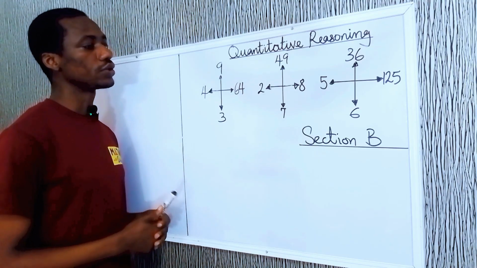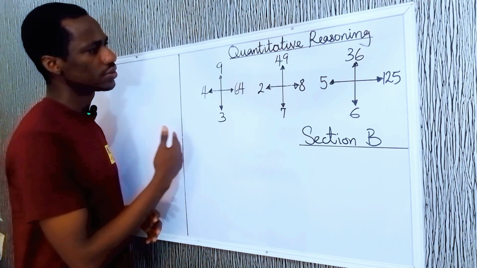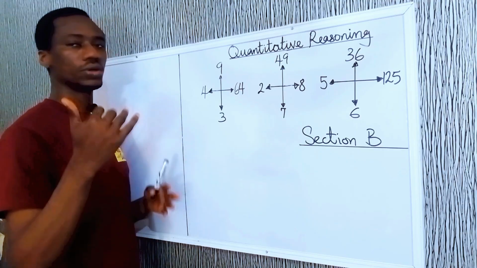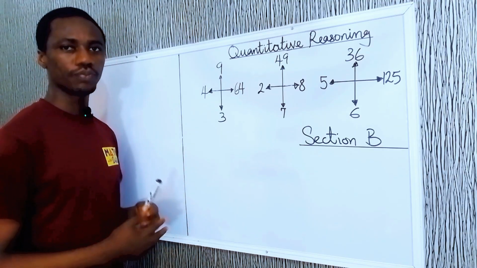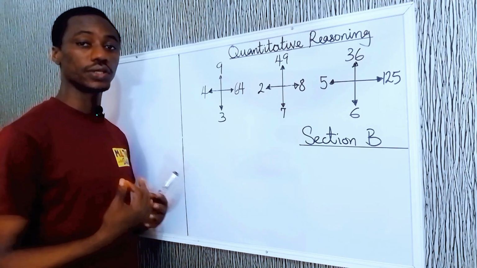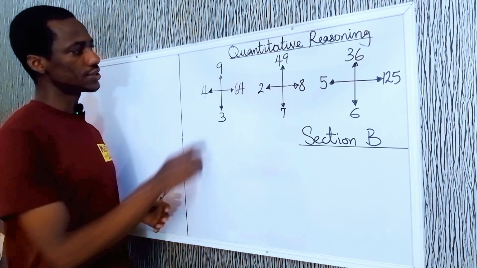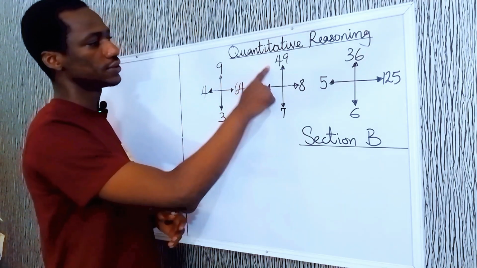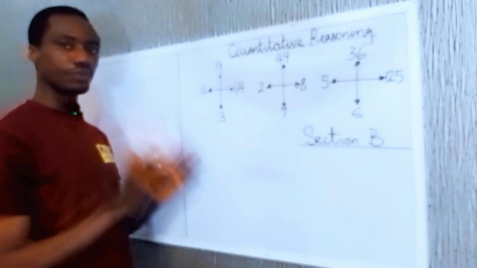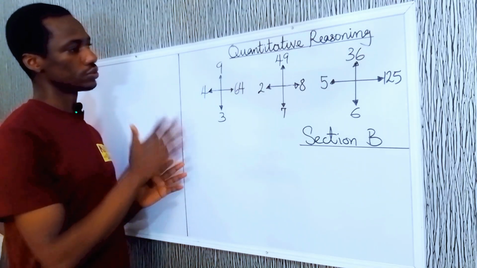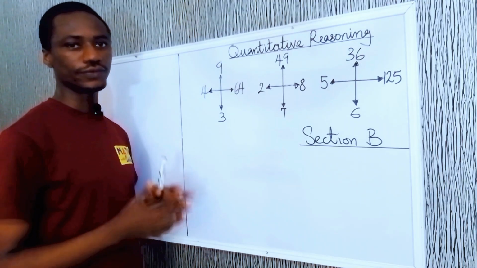All right, now looking at these, just taking a glance through the samples, I can see some perfect squares. That's why you should already master your perfect squares. You can see 9, 49, 36. So in my mind, I already know that squares are involved in this one.